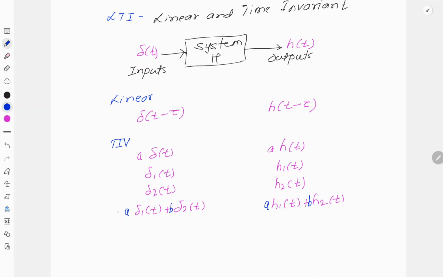Just remember the final equation, which is a scaled version of the impulse function added with another scaled version of the impulse function, and the output is scaled by the same factor with the impulse response h1, and the same scaling factor for the second part, which is h2. So this equation is very important. Based on this, we are going to see the concept of convolution integral.